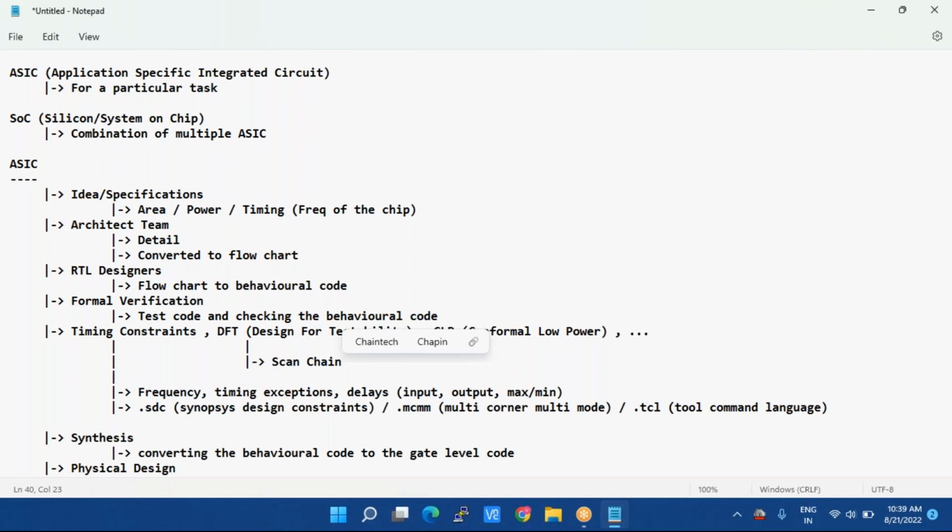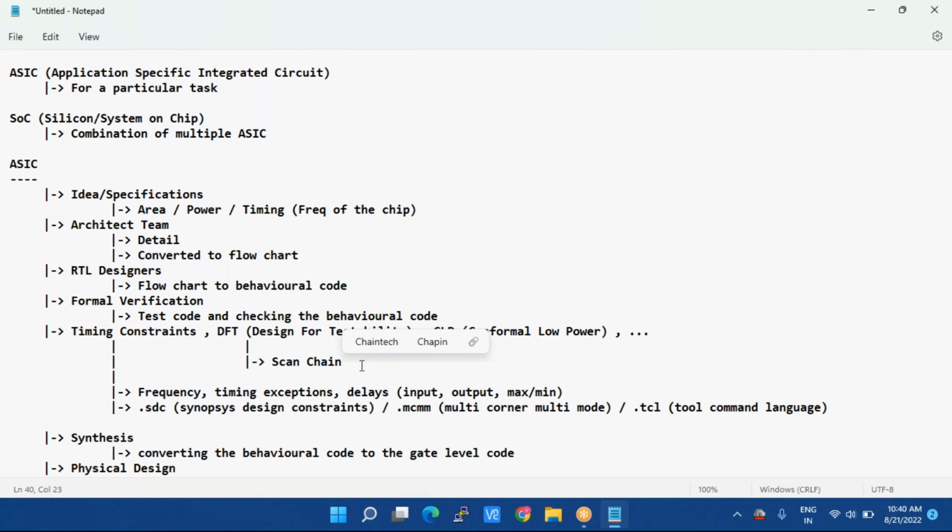Whether there is any stuck at 0, stuck at 1, those checks will be done using the ATPG or MBIST algorithms.